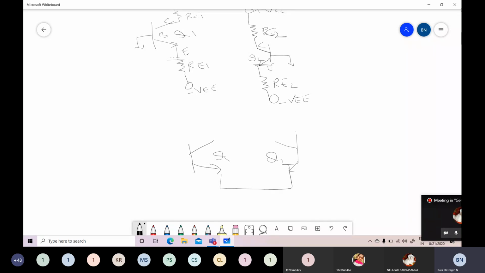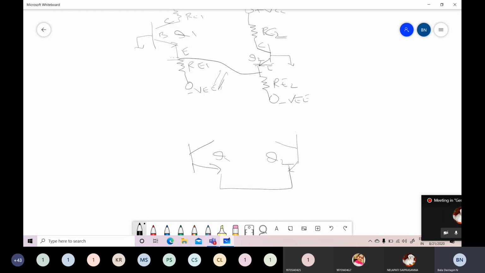So what happens if you connect these two here? RE1 and RE2 will be in parallel, and these can be combined and replaced by a single resistance.